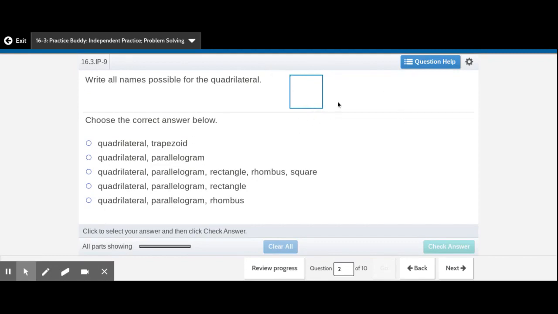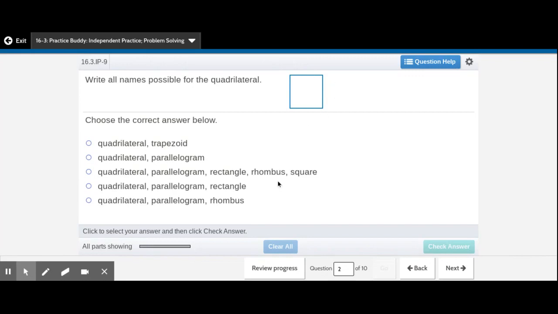So I know it's a quadrilateral because it's a four-sided figure that is closed, meaning that there's no openings to it. I know it's a parallelogram because the opposite sides are parallel to each other. A square can also be a rectangle because two sides are equal to each other and the other two sides are equal to each other. It's just that in a square all the sides are equal to each other.